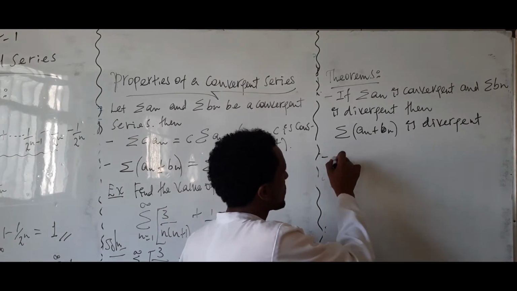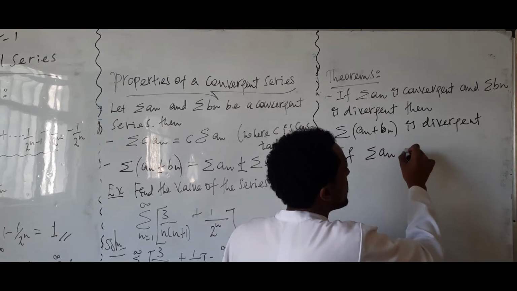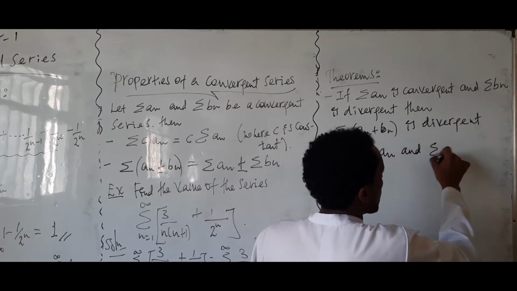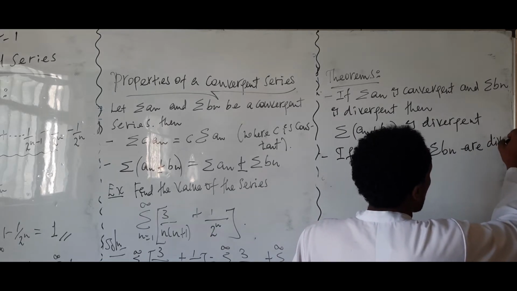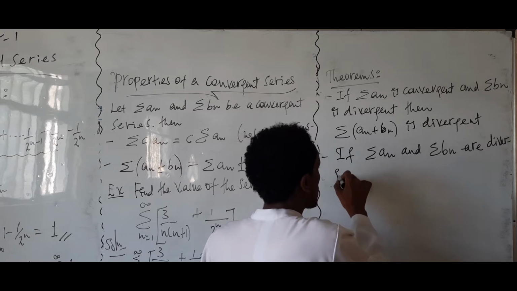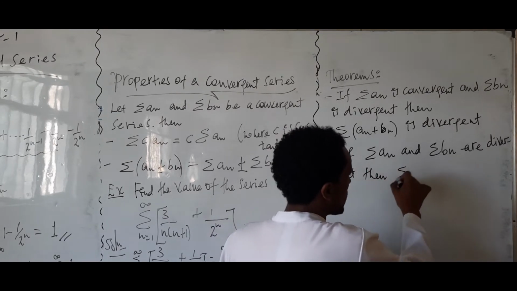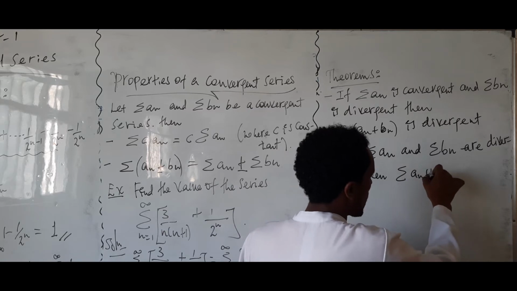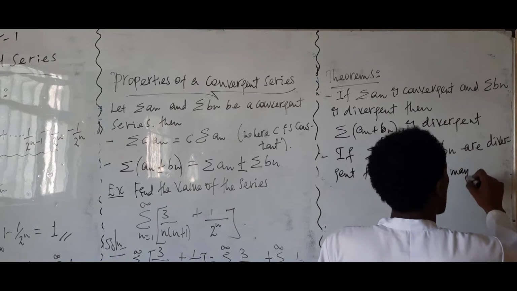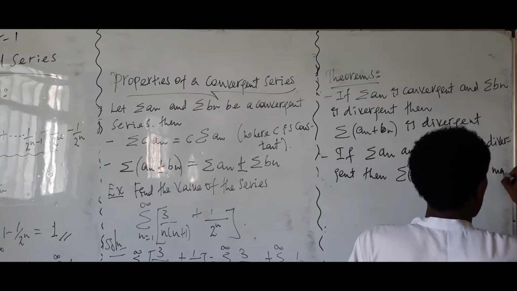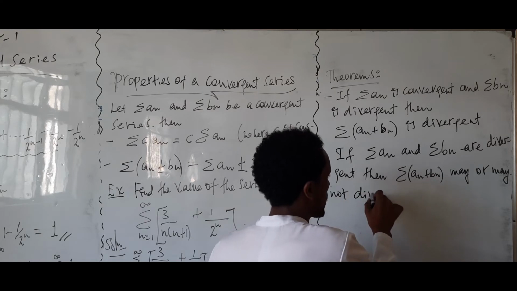The other one is, if the series an and bn are divergent, then the sum of an plus bn may or may not be divergent.